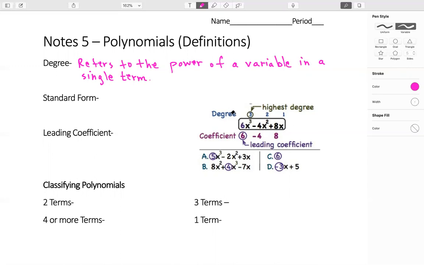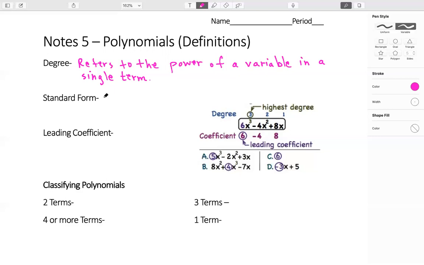So you can see right here the degrees in this little diagram, and I would highly suggest drawing this if you did not print this out. They are third power, second power, or squared, and then first power, which you never write. But cubed, squared, and to the first power, those are the degrees of each of these terms. Okay?